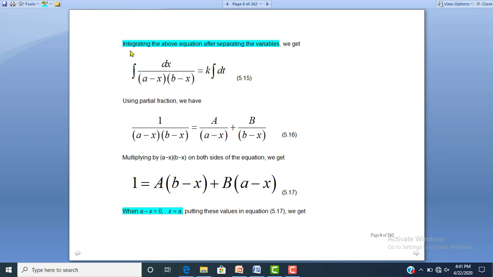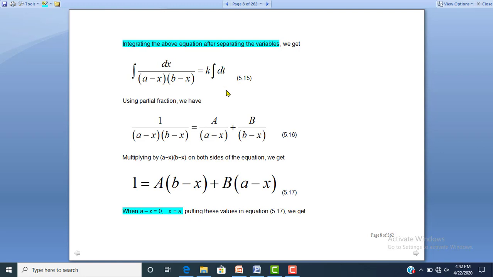So after separating the variables, we integrate this equation. This equation 5.15 will be the integration of dx over (a minus x) into (b minus x) is equal to rate constant k into the integration of dt. Since it is a differential equation, we applied the integration.